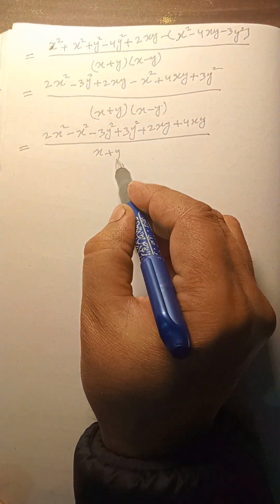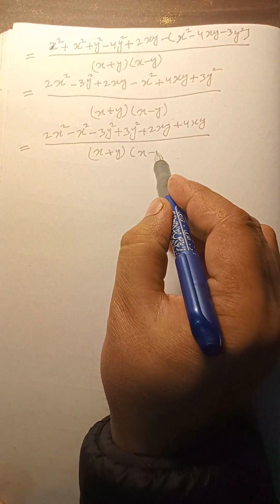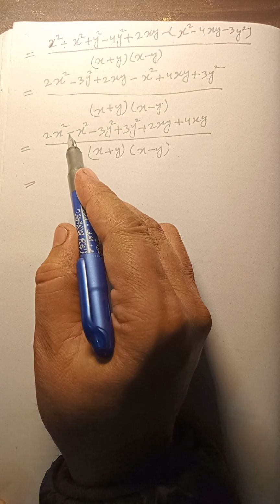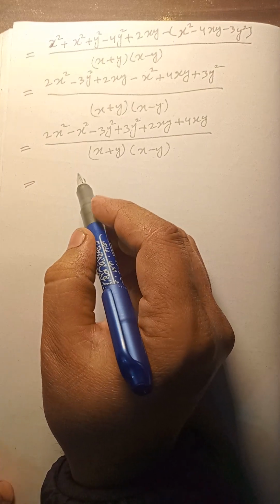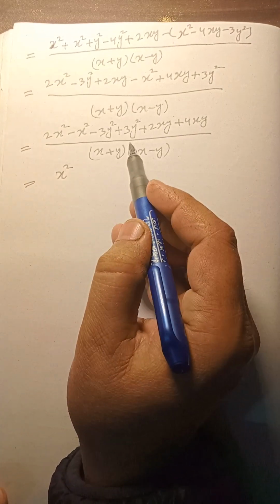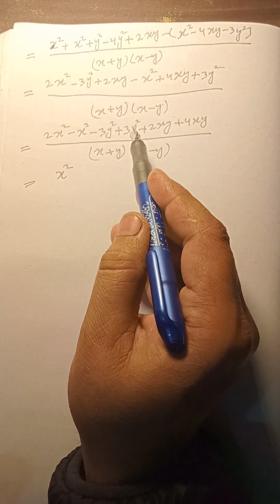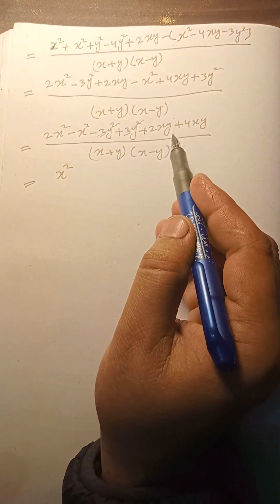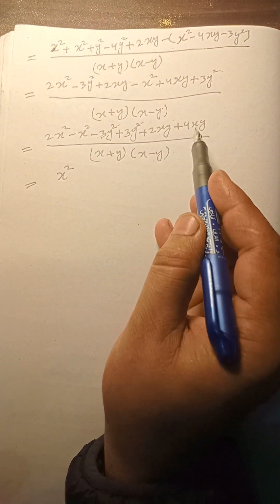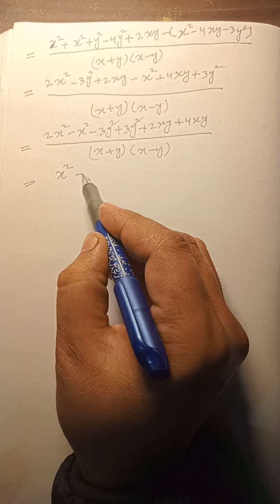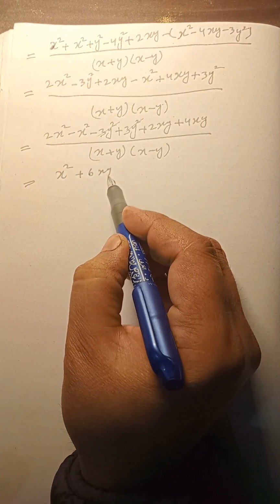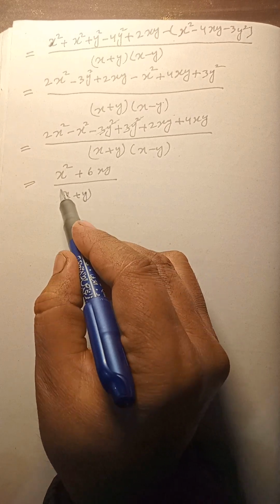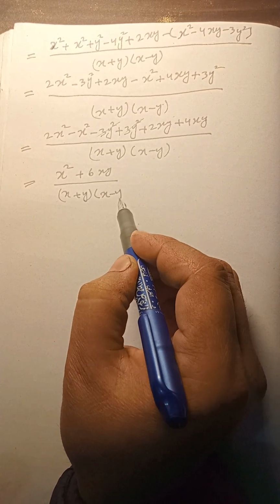In the denominator you will write the same. Now from 2x square you will remove 1x square, the answer will be only x square, and minus 3y square plus 3y square will cancel out each other, there will be 0 and we will not write 0 here, and 2xy plus 4xy gives 6xy, and in the denominator x plus y and x minus y.